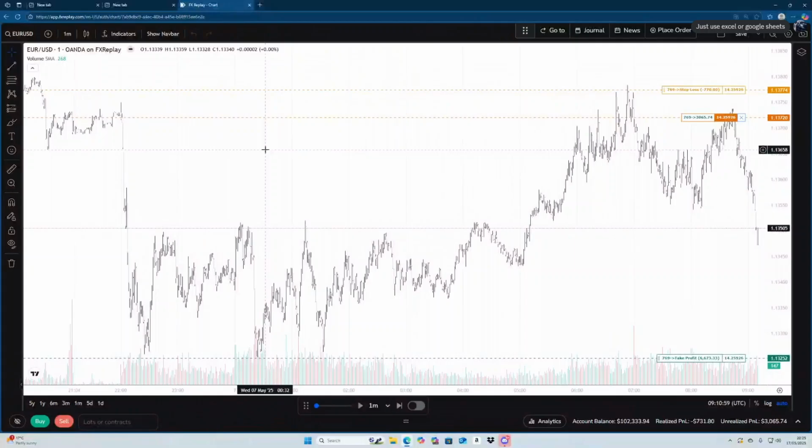Is it better than TradingView? No, I said it's better to use FX Replay or TradingView, and Excel or Google Sheets to journal.